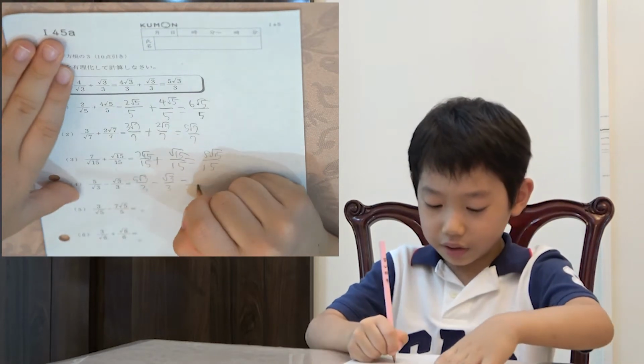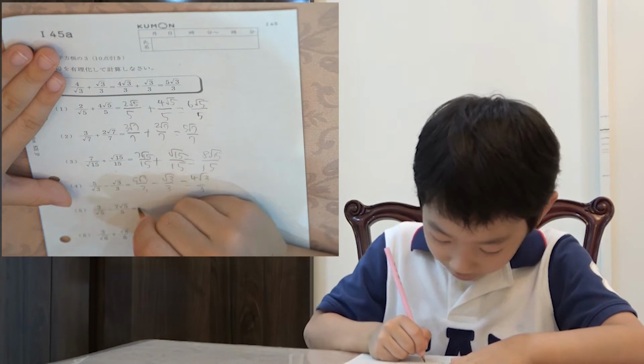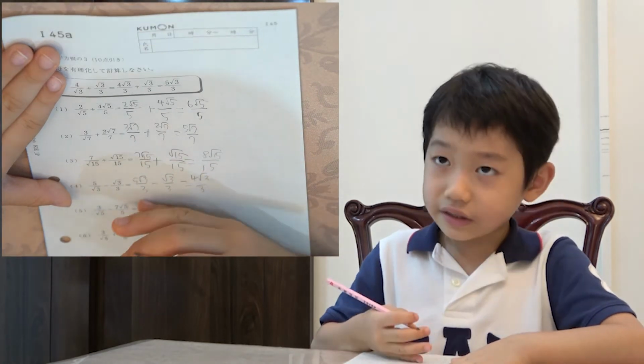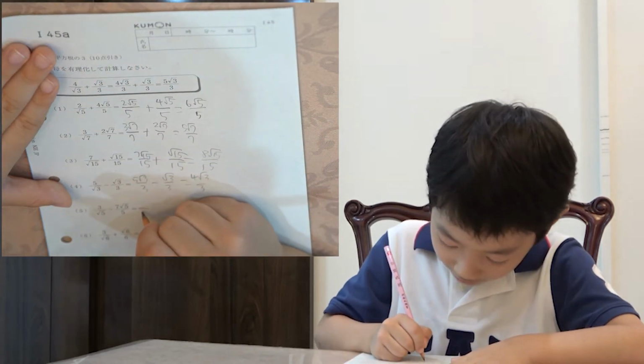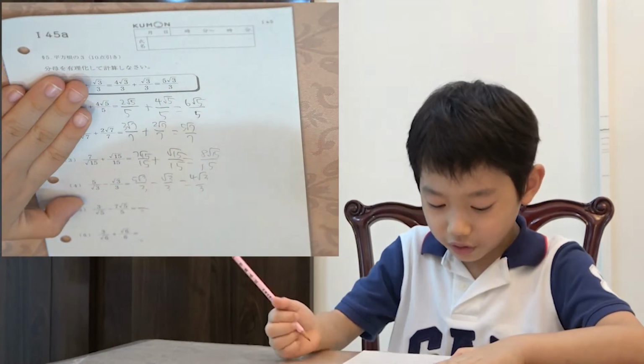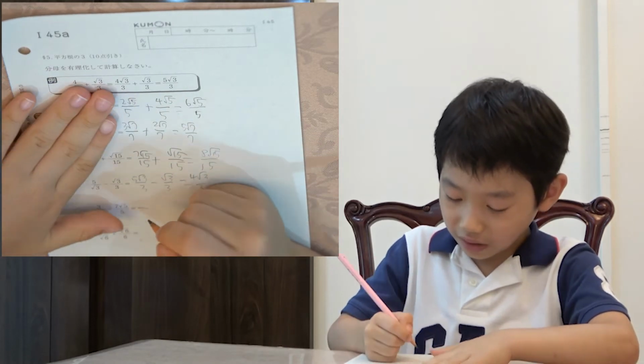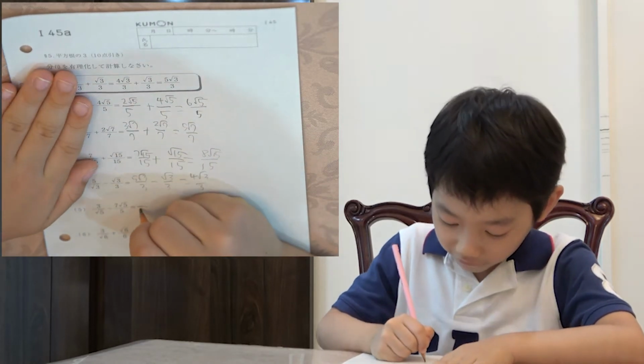Then I'll show you one new one. I'll just tell you again how to do it. Okay. 3 over square root of 5. Square root of 5 needs to times a square root of 5. That's 5.